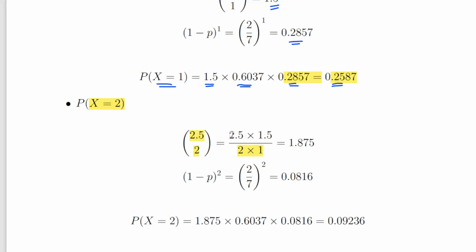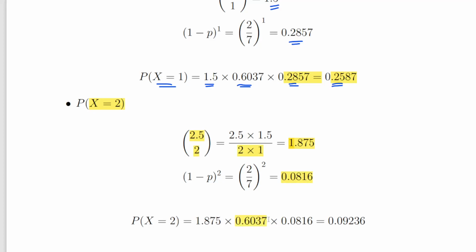Then we have the factorial for the number above, so to speak, which works on the basis that it has the same number of components as the term below. So 2.5 times 1.5, working that out, we get 1.875. 1 minus p squared is 2 over 7 squared, that is 0.0816.